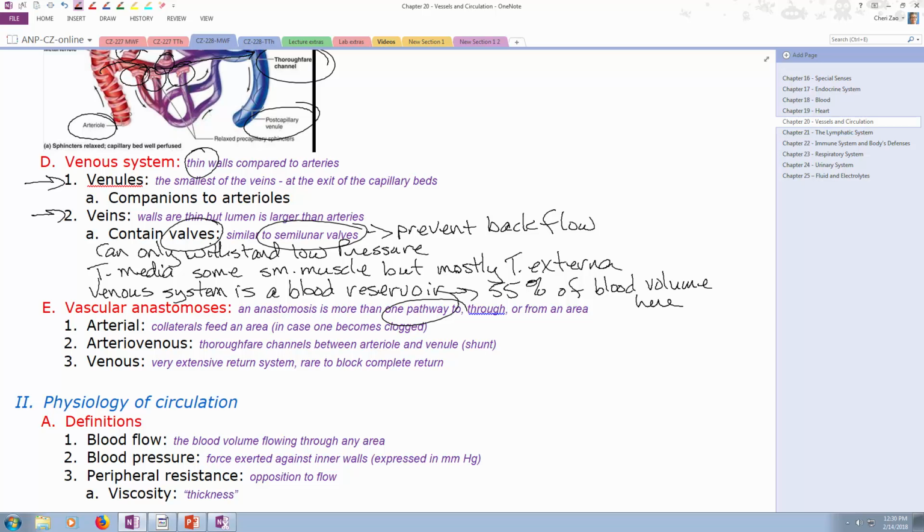What's really fascinating about these two vessels is as they come distally towards the palm of the hand, they will divide and create a superficial palmar arch and a deep palmar arch.